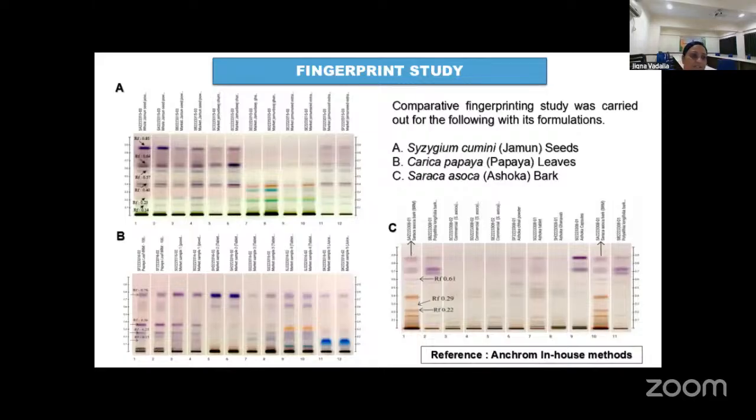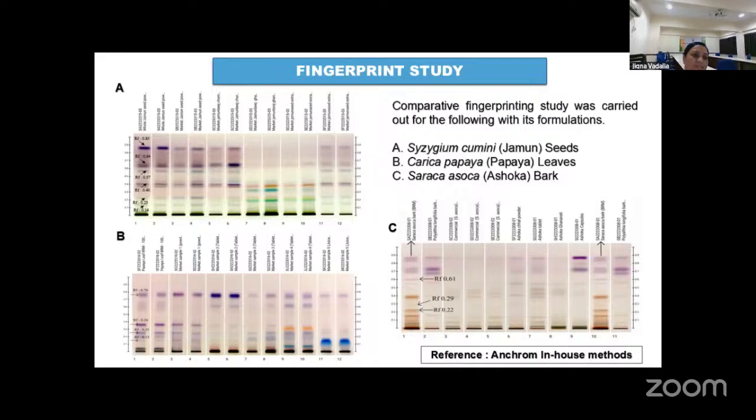So the first track is for the authenticated sample. That sample is of standard quality jamun seed powder. So they have developed one method for the jamun seed powder, and they were able to see the fingerprint of that jamun seed powder.